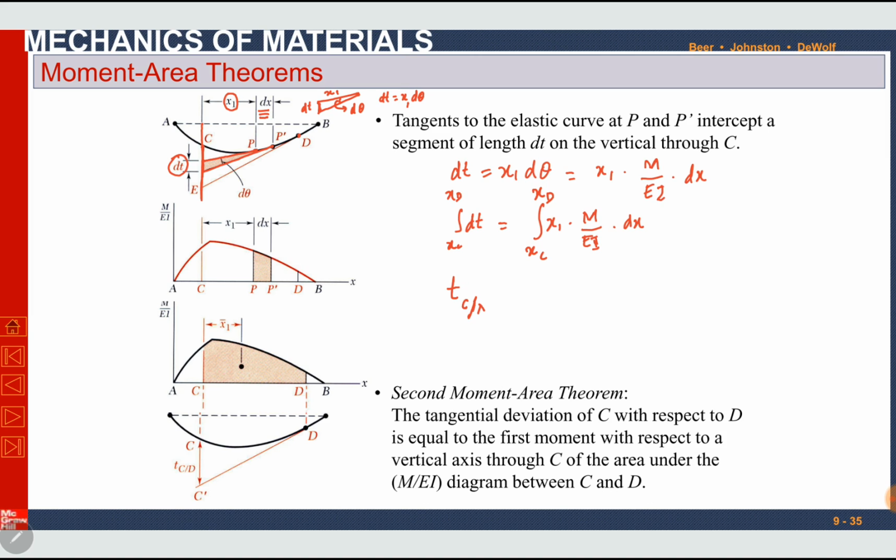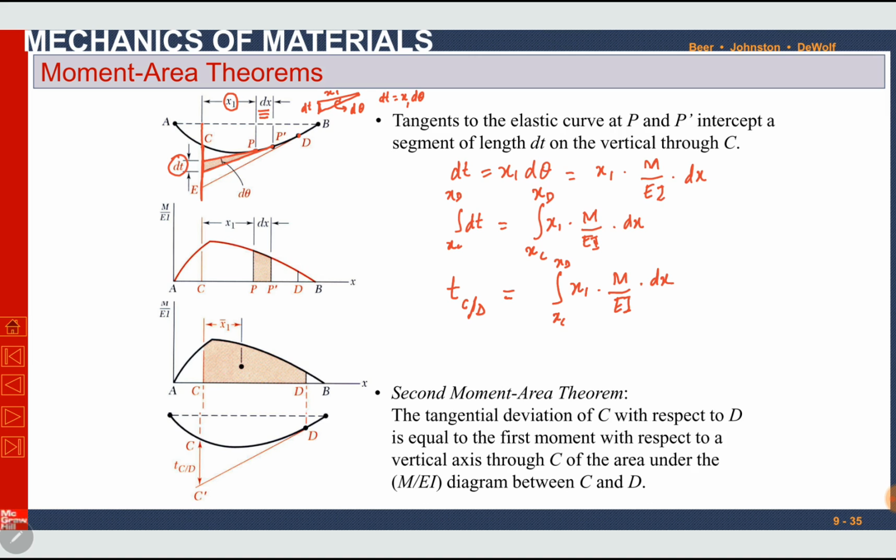This TCD is the tangential deviation of point C with respect to point D. It is equal to this integral. x1 is a distance, remember it. M over EI can be found from the diagram.